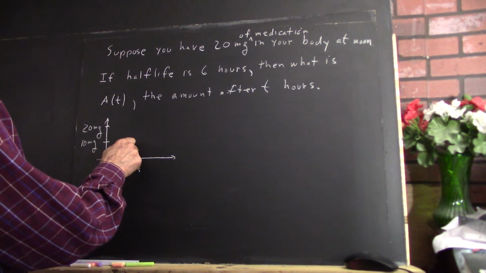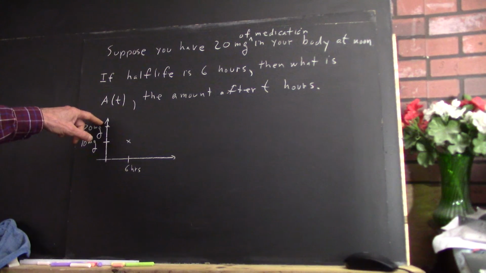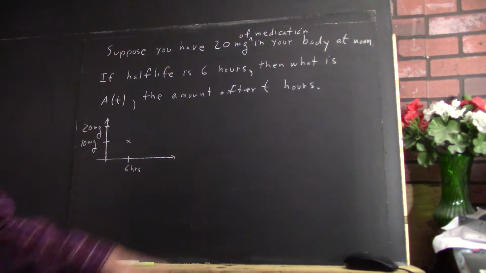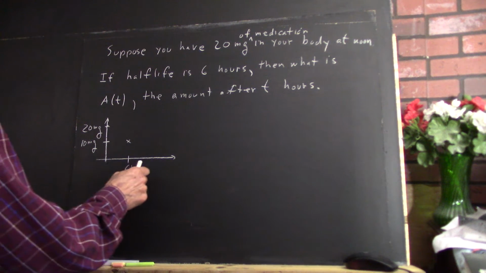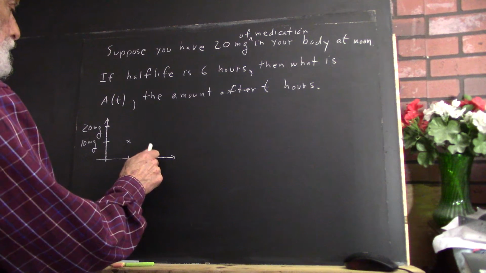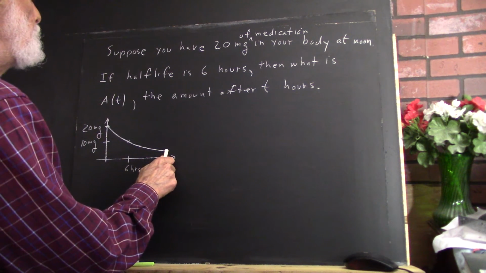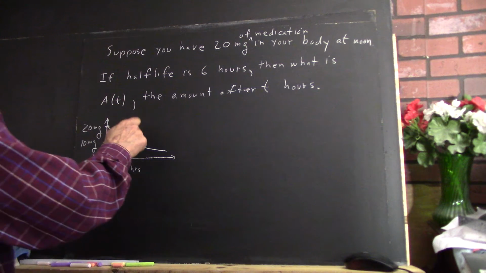Then I know that my amount drops from 20 milligrams to 10 milligrams in 6 hours. I also know that this curve has the shape of a decreasing exponential. And cheating a little bit, maybe that curve looks something like this.